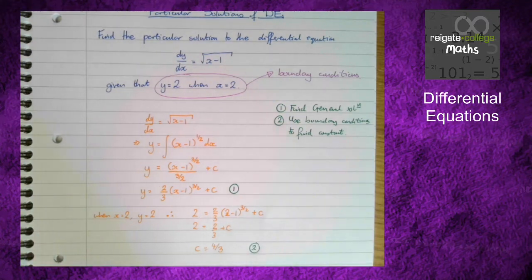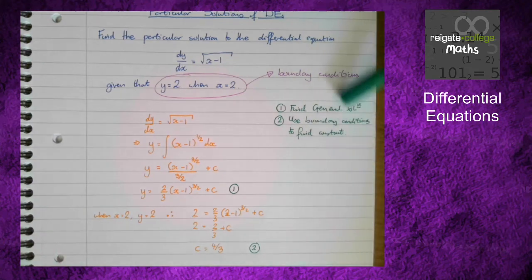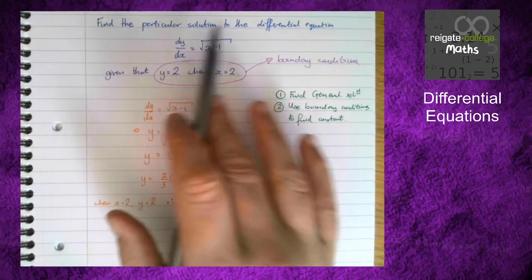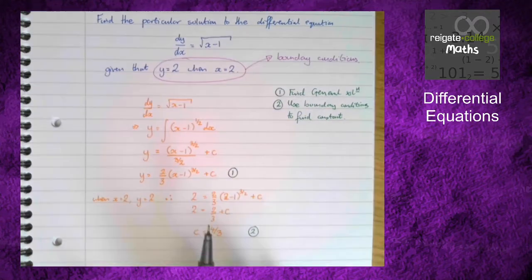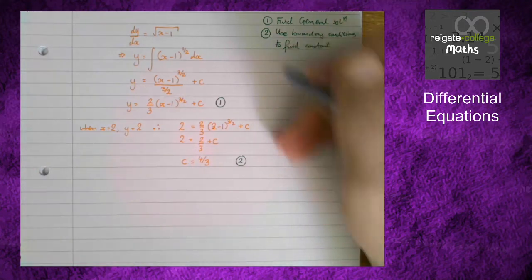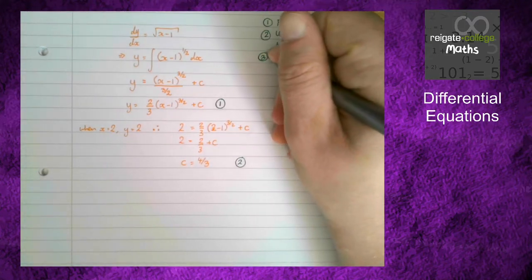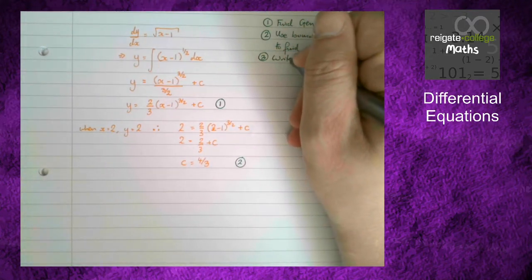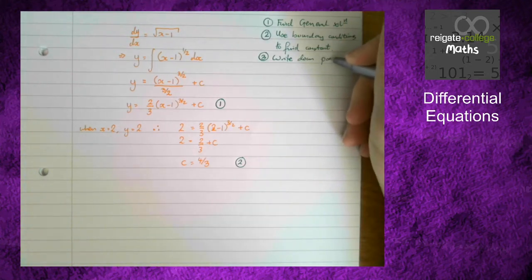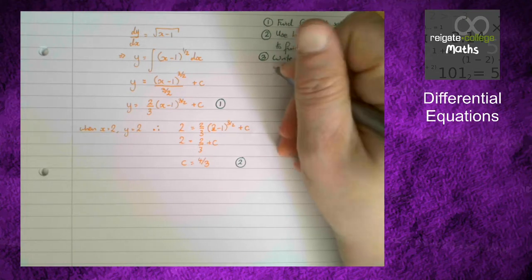We haven't quite finished the question. The last thing we need to do is actually answer the question. The question is find the particular solution to the differential equation, which means we need some function that has x and y's in, which we don't have yet. So the last stage is write down the particular solution.